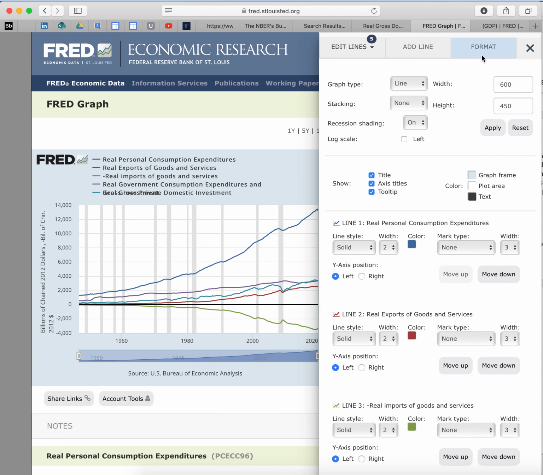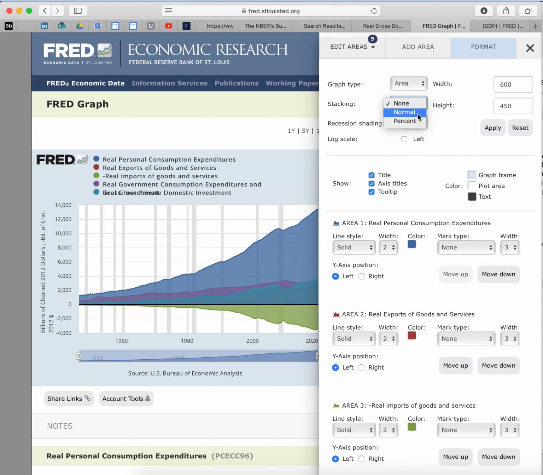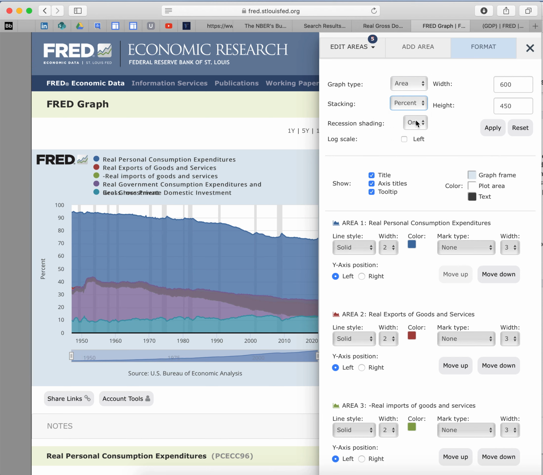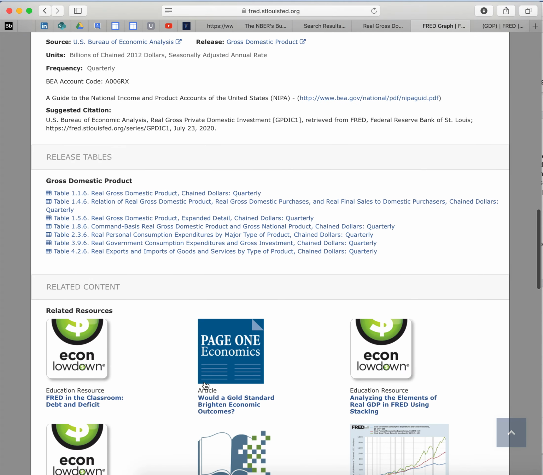I'm going to go to format. I like the area, it makes it look pretty, but then I want to stack by percent. Actually, let's just clean this up a little. I'm going to go back here to my release tables really quick.